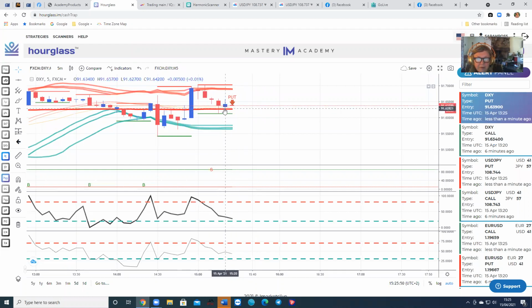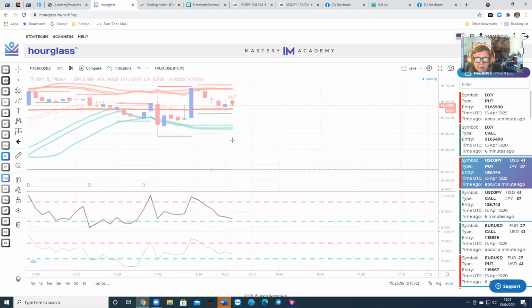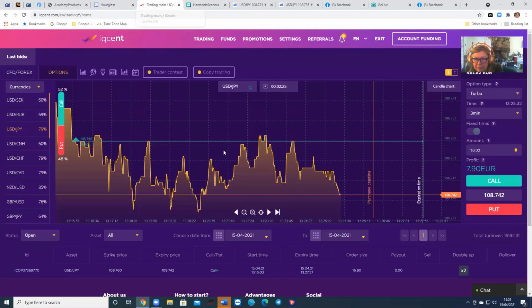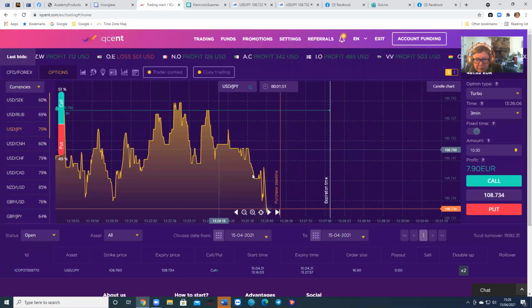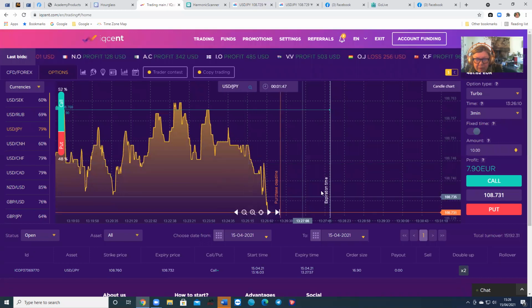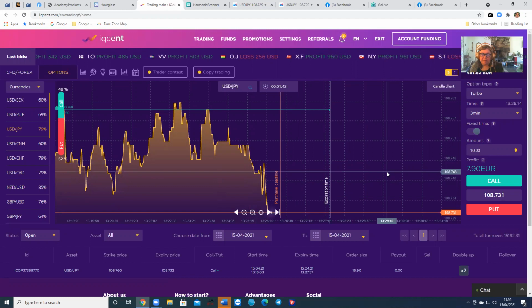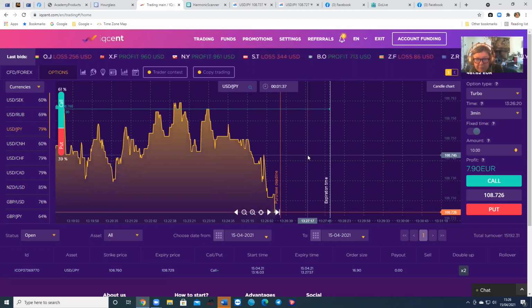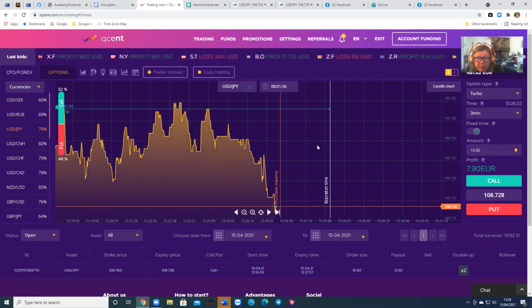So that line has held it there. So I don't think the DXY is going to go down much further. So I think I'm going to take a lesson on this one, but I don't always like to get straight back into the same trade. So I think this is a lesson of a half hour one, not the quarter hour, which I should have known really. Don't like that.